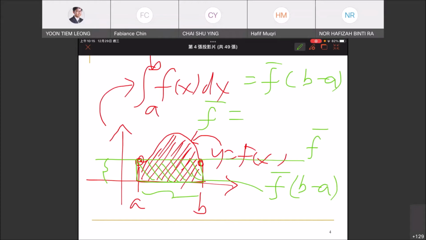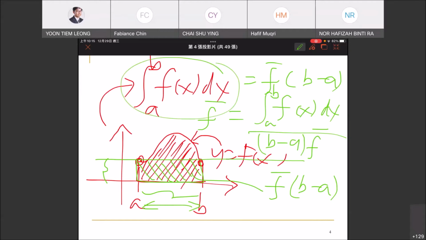Right? So the average of the function is simply equal to f(x) integrated from a to b, which represents the area, divided by the width of the area. So in this sense, you replace the area of the function by a rectangle which has a height equal to f bar.